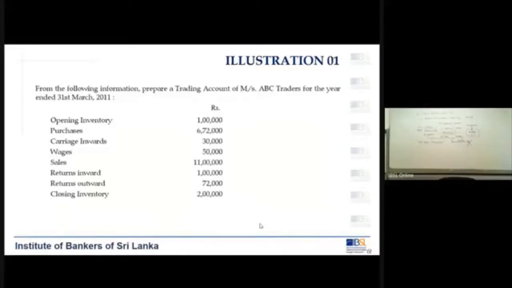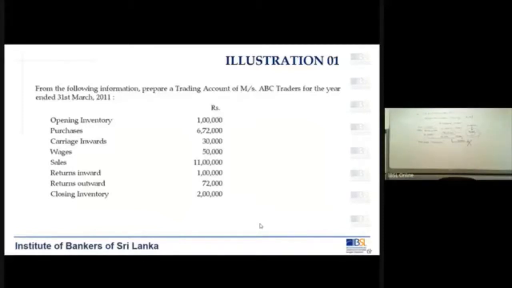Now, what is the result of a trading account? Trading account will give you the gross profit. So it is not the net profit. In order to reach the net profit, you need to have the administrative expenses and the selling and distribution expenses, and also if there are any other income, you need to have that also.